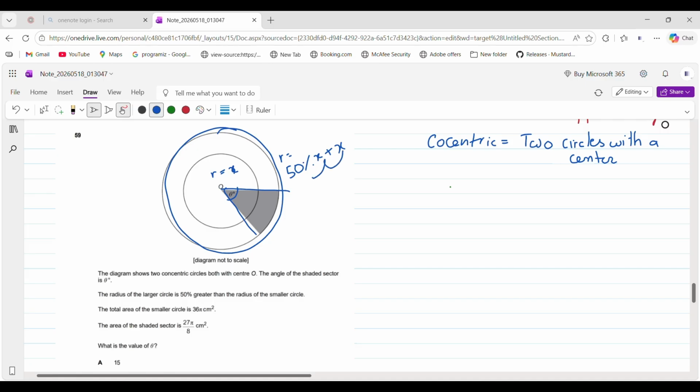The total area of the smaller circle is 36 pi centimeter square.